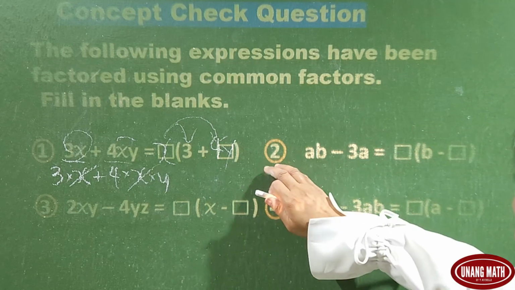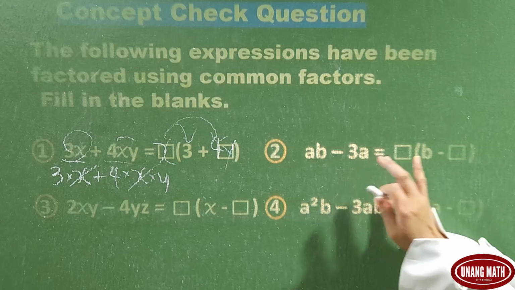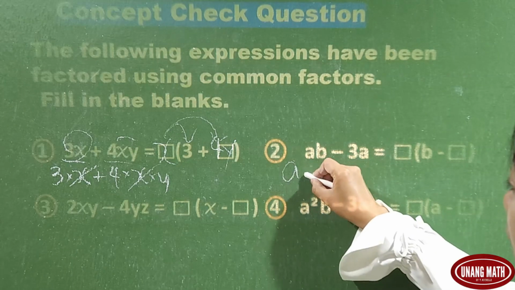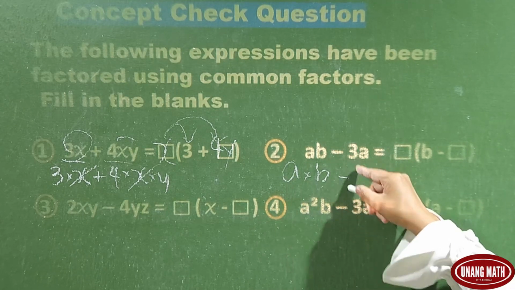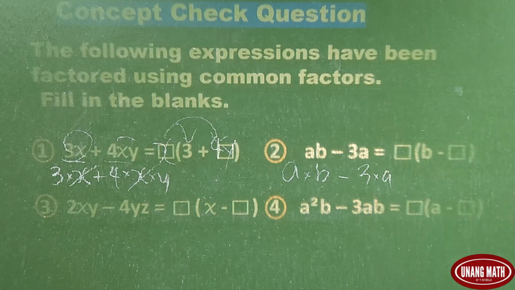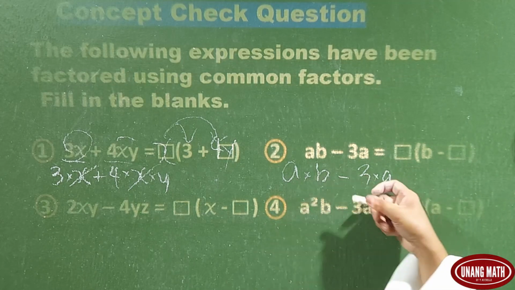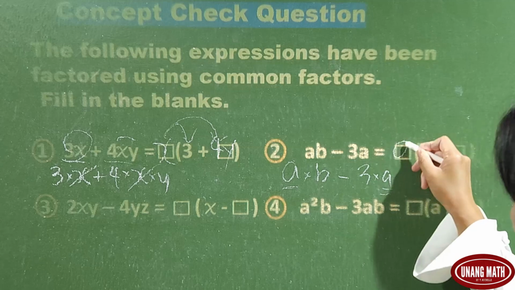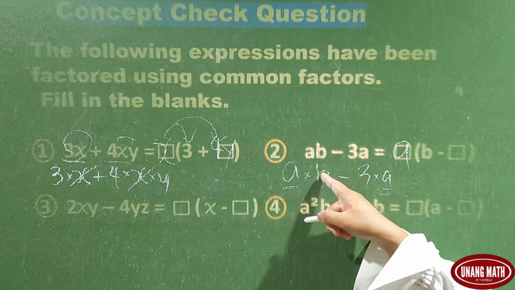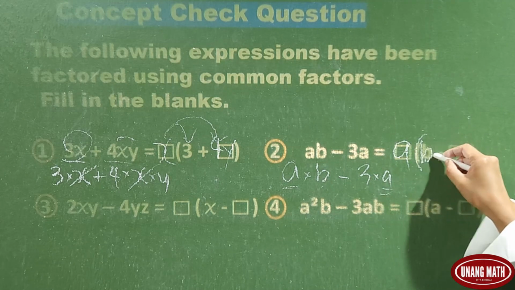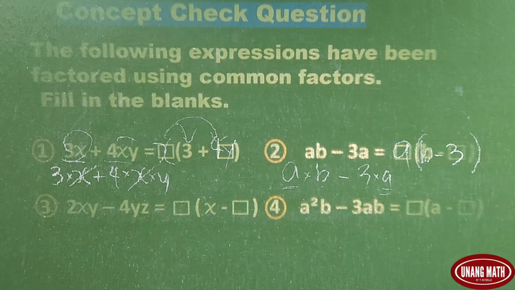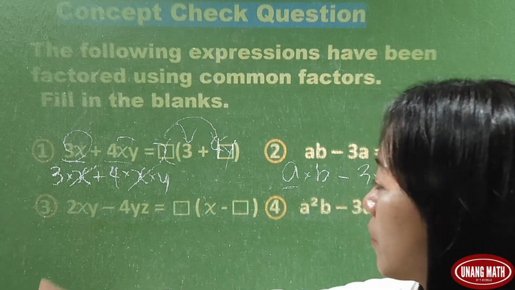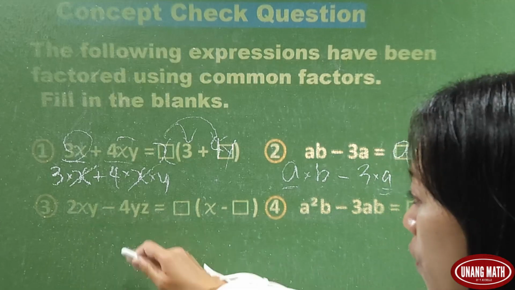Okay, what about number 2? AB minus 3A. This means A times B minus 3 times A. The common factor here is A. So we have A, and B minus 3 is another factor. For number 3, 2xy minus 4yz.